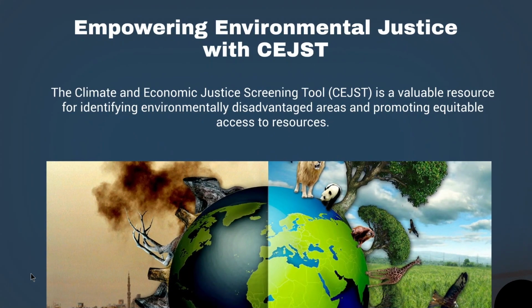All right, so now moving forward. Empowering environmental justice with CEJST, which is the Climate and Economic Justice Screening Tool, which is a valuable resource. It identifies some environmentally disadvantaged areas, helps you locate pollution hotspots or things of that nature, Superfund sites.